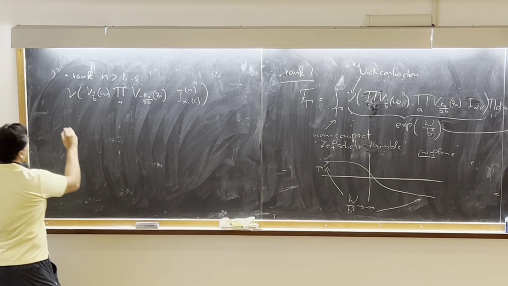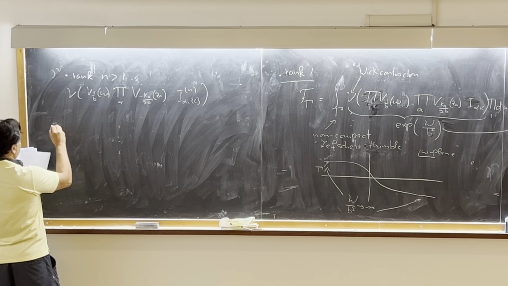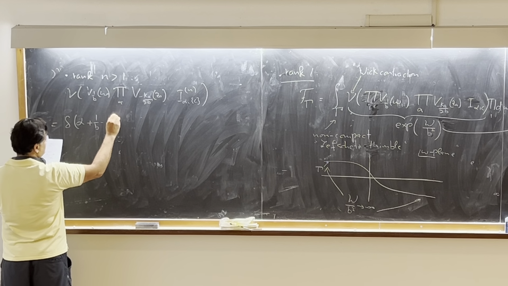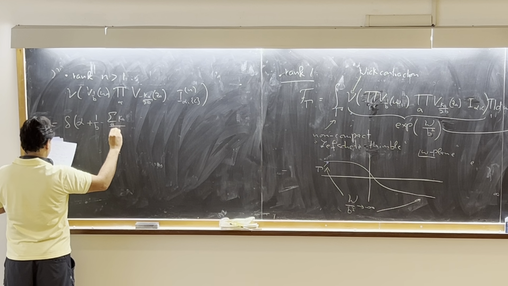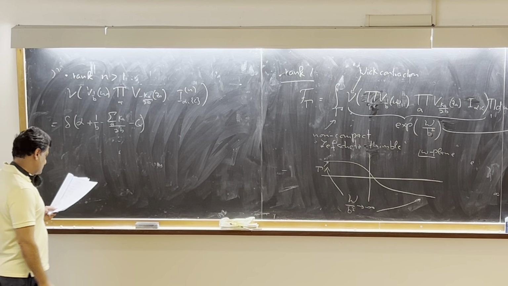Then this will give you the following expression. You will have some delta function, alpha plus 1 over b minus sum over a of ka over 2b minus q. This is just some charge conservation story.